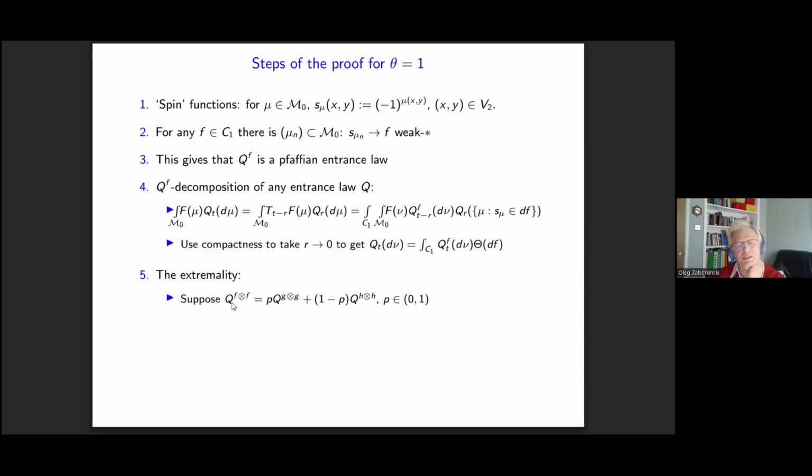And I'm just assuming for a second that this law is not extreme. Then I can write it down as a convex combination of two other laws labeled by the function g tensor g and, say, h tensor h. Of course, we already checked that each of these laws is Pfaffian, so we must have this relation. Imagine for a second that my functions f are not just measurable but continuous.